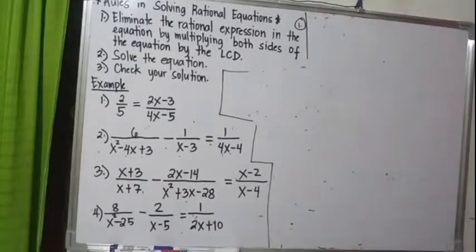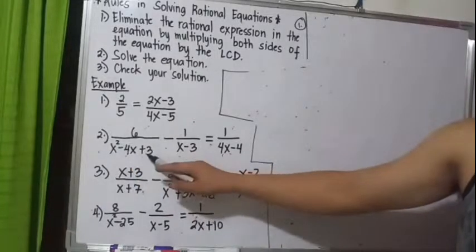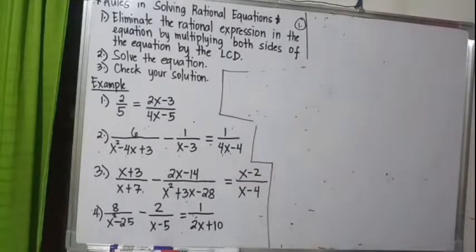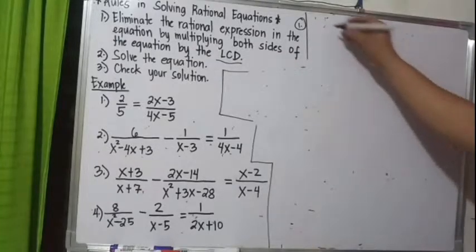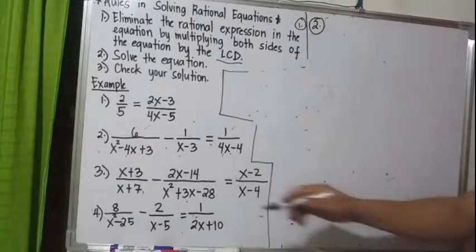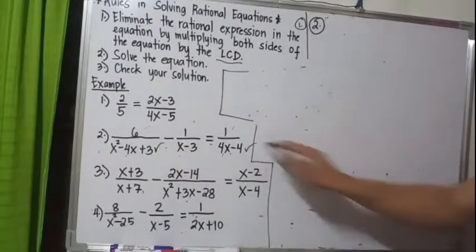So based on that given equation or rational equations, tingnan natin yung denominator. Ito, x squared minus 4x plus 3 and 4x minus 4. So how to find the LCD? So paano natin mahanap yung LCD? So number 2, dapat or kailangan natin i-factor yung denominator kasi it is factorable.